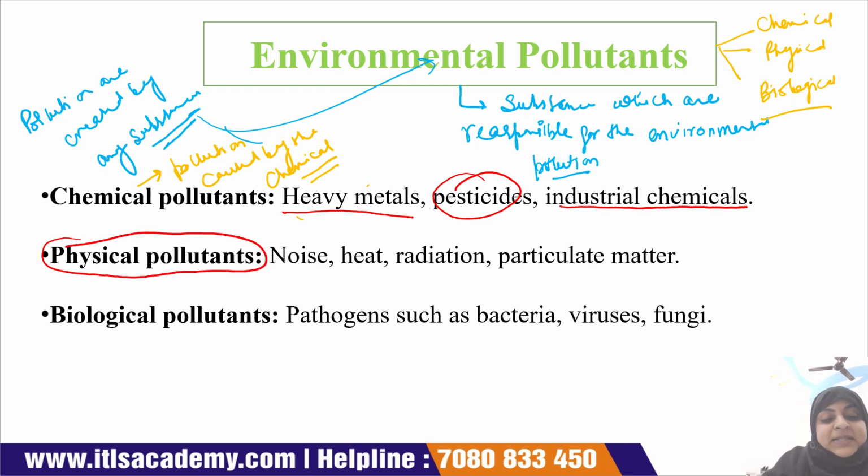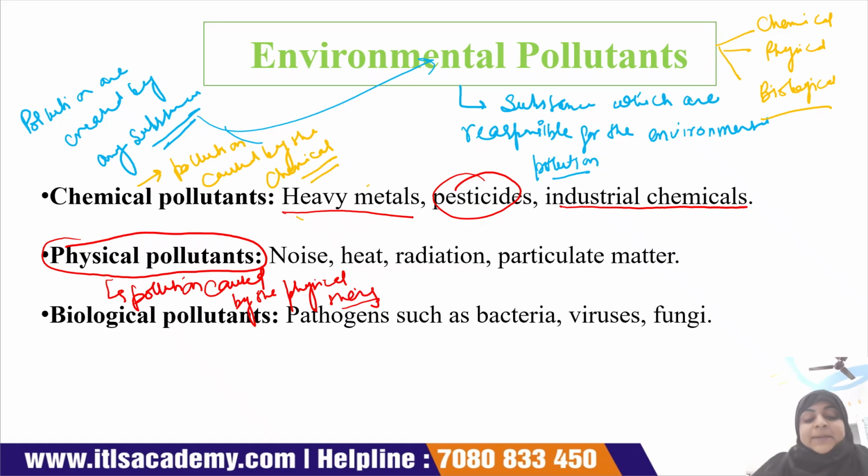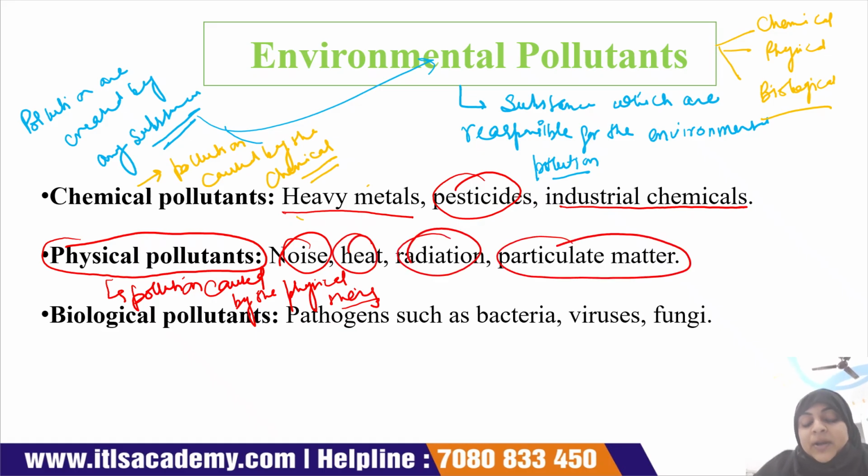Physical pollutant means pollution caused by physical things, which can be felt, like noise, heat, radiation, and particulate matter.